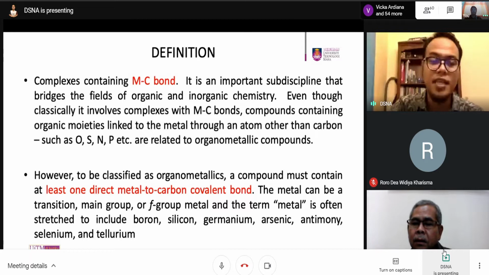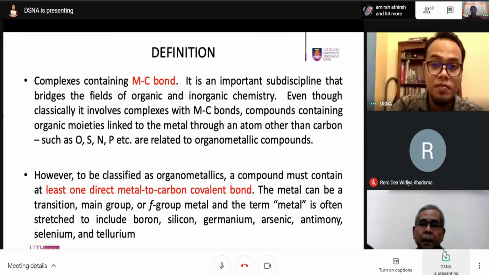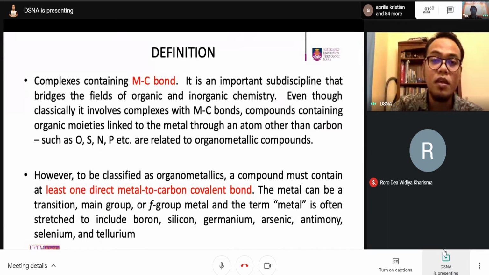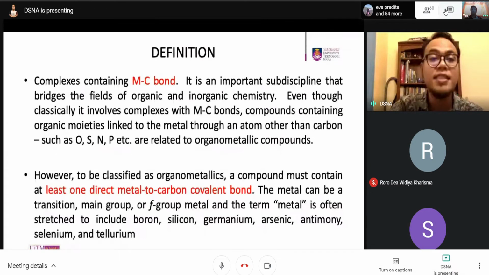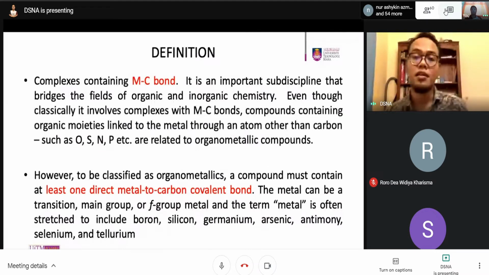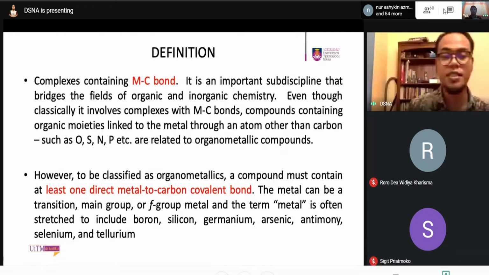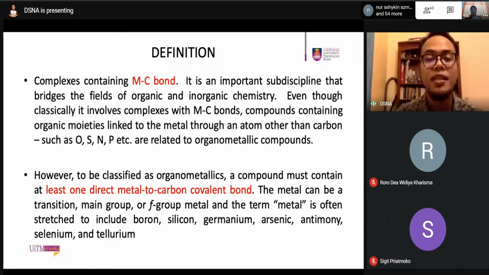You might see oxygen, sulfur, nitrogen, or phosphorus directly bonded to metal in metal complexes, but they cannot be classified as organometallic. So for the start, it is best for us to understand that for a compound to be classified as an organometallic compound, it must consist of at least one metal to carbon bond.